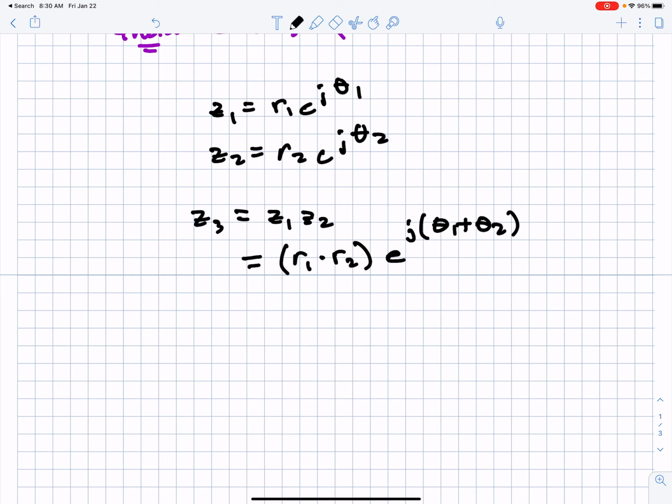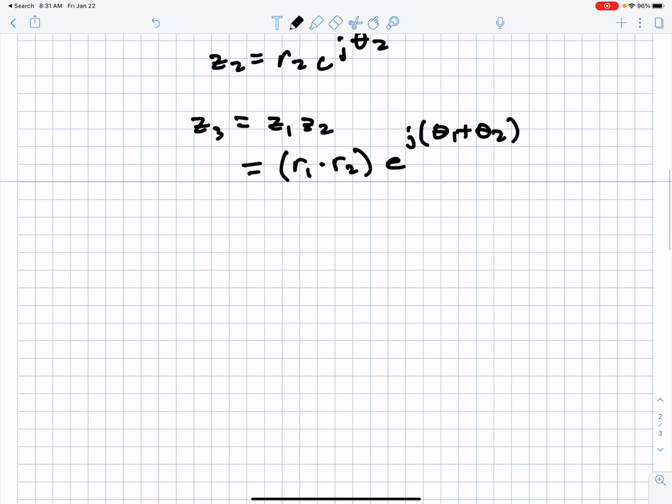Similarly, if you did division, the amplitudes, the absolute values, will divide, and the angles will subtract.